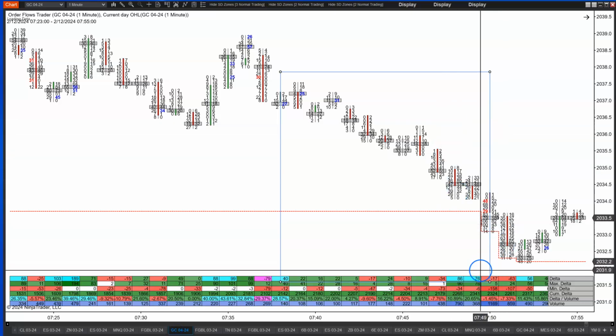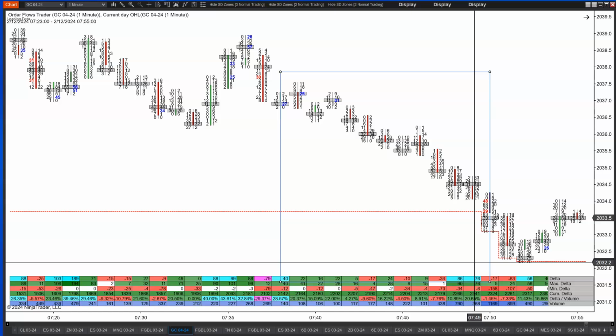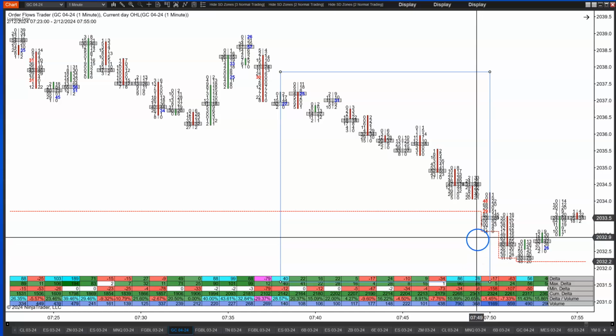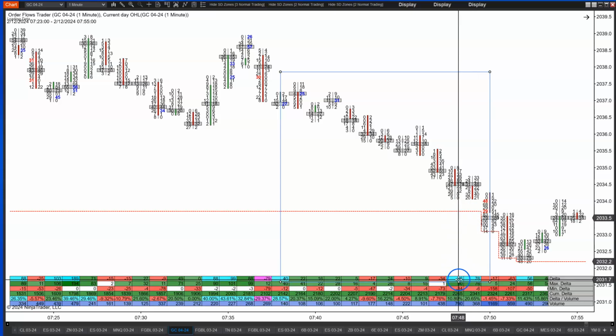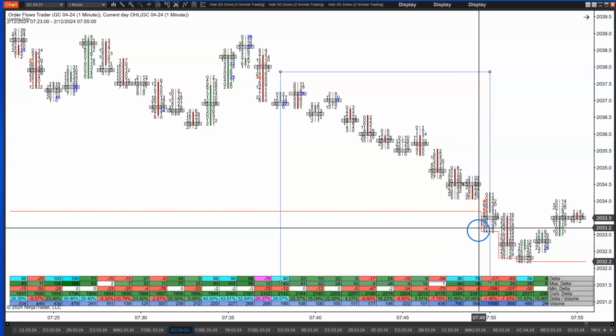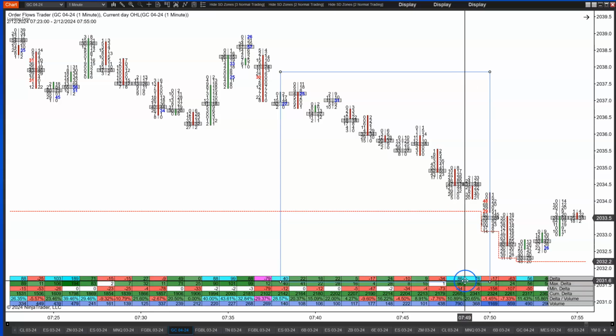So why is this market going down with the positive delta? Shouldn't the market be going up with overall positive delta? Positive 76, positive 86 are quite strong. That's why they're this blue color. This delta is telling me it's closing at its max delta, its strongest positive delta reading, yet the market is going lower.